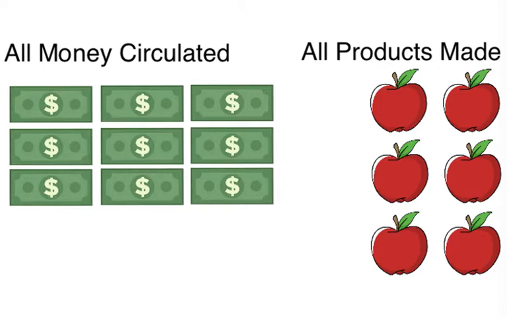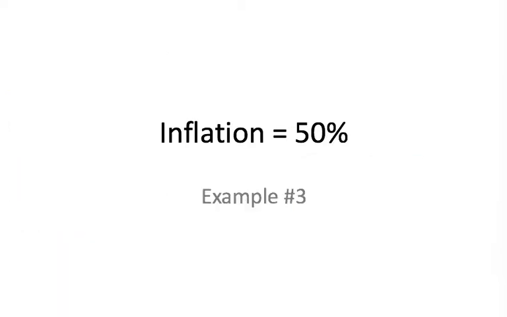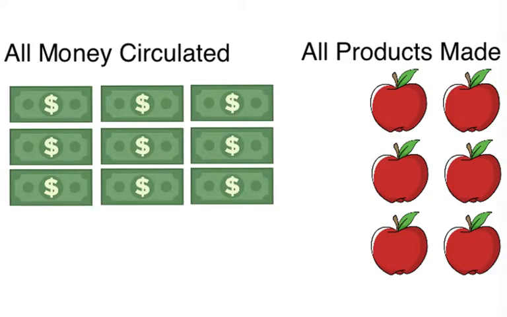The amount of product has increased times 2, but the amount of money circulating through the economy has increased times 3. So therefore, each apple goes from the price of $1 to $1.50 for an inflation rate of 50%. So that happens if the money circulating increases faster than the amount of goods and services being produced increases.